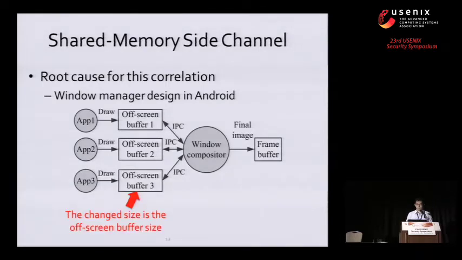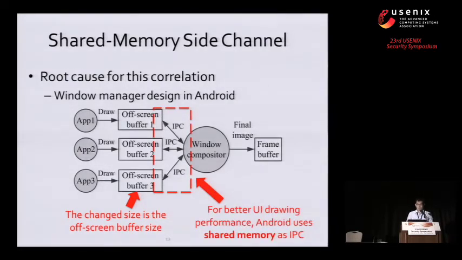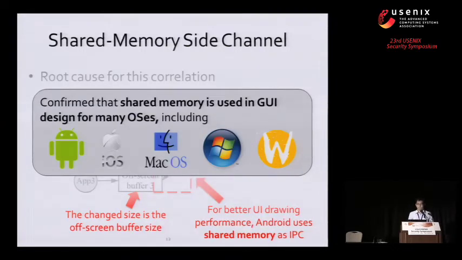After reading the source code, the size change in the memory is the off-screen buffer size, and the root cause is in the IPC. For better UI drawing performance, Android uses shared memory as this IPC. This is why we can see the shared memory size changes in both the app side and the window compositor process. We have confirmed that shared memory is used in GUI design for many popular operating systems, like Android, iOS, macOS, Windows, and also Wayland for Linux.